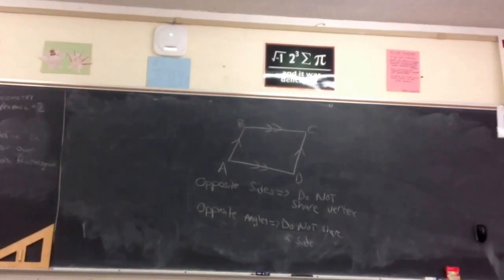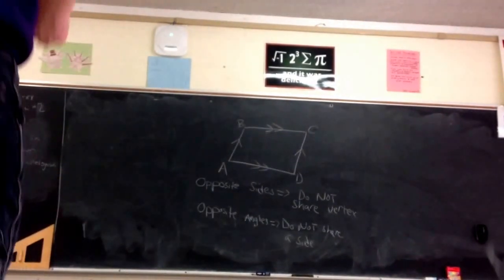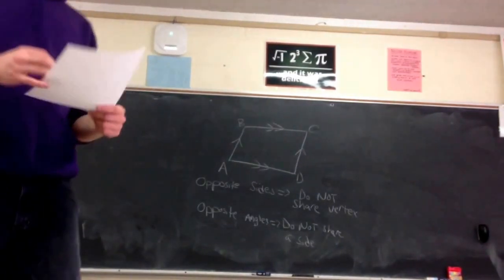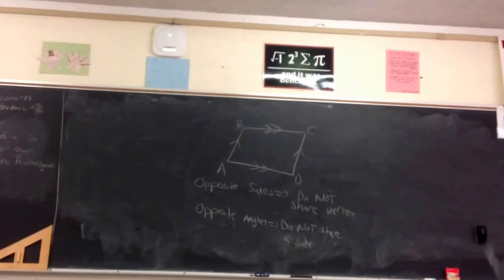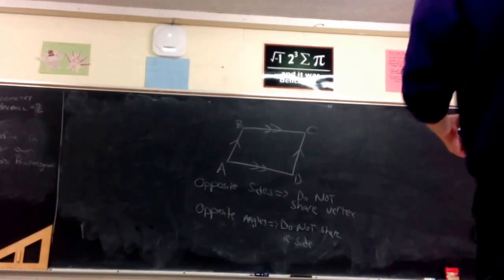So they would not be opposite angles. Does that make sense? Everybody with me? We defined parallelogram before we defined what we meant by opposite angles and opposite sides, but I think we have an intuitive understanding of those.